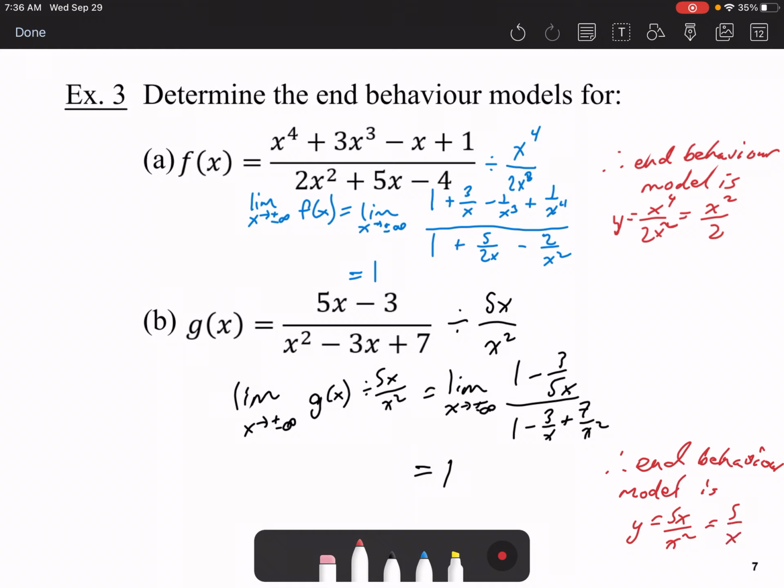Now if you notice, the limit as x approaches plus or minus infinity of 5 over x is actually 0. So this actually tends towards the function 0 as x goes to both positive and negative values.